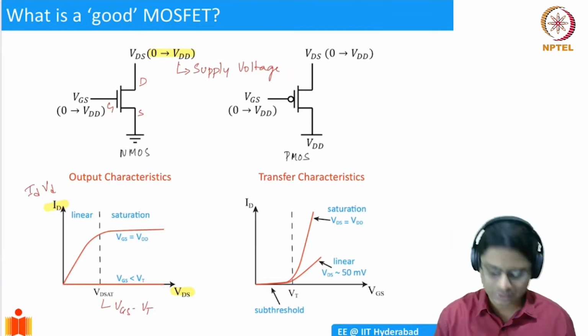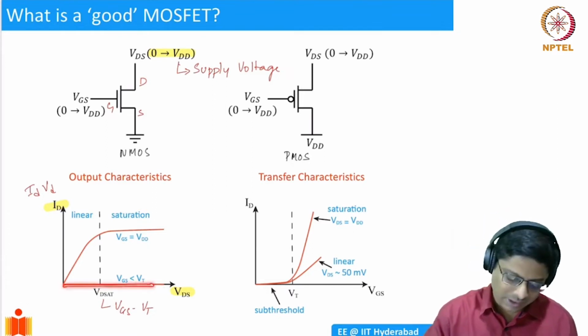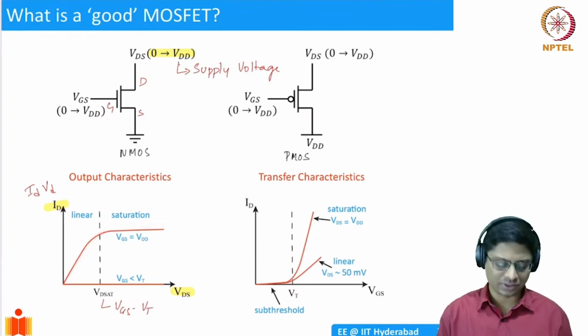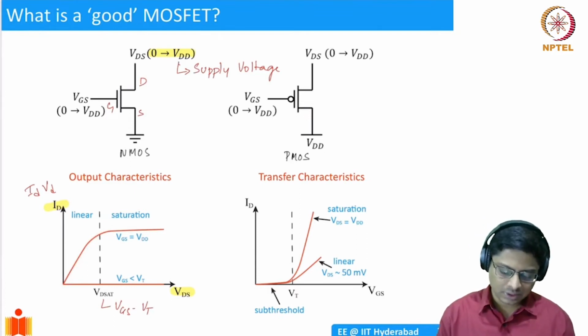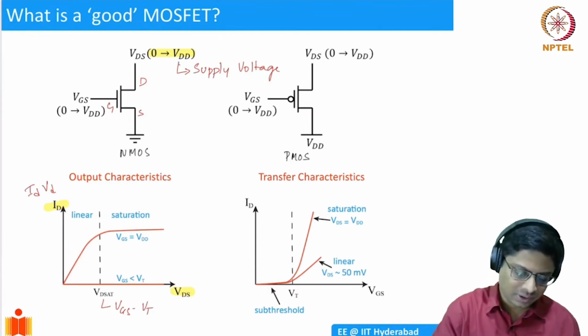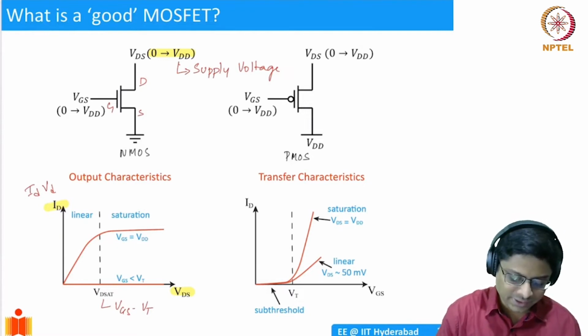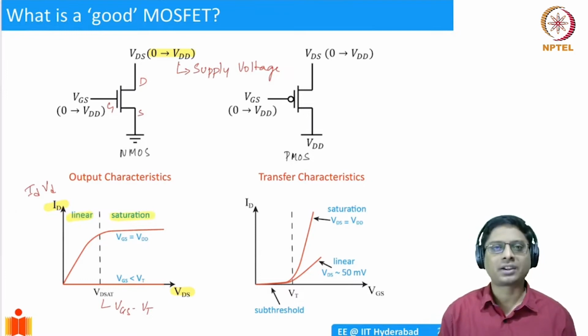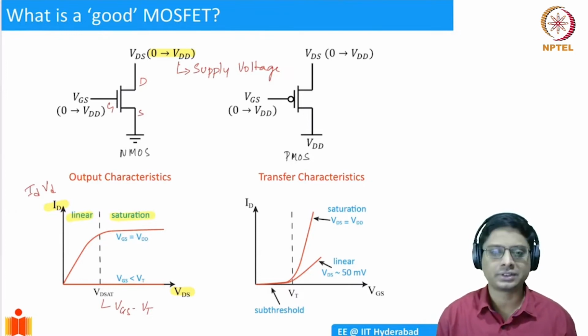The transistor is off. But if you increase and choose VGS equal to VDD, you get a saturating current characteristic, which is shown here. It's important to note that on the left of VDSAT, it is the linear regime. On the right, it is the saturation regime. This is one type of characteristic which we call output characteristics.